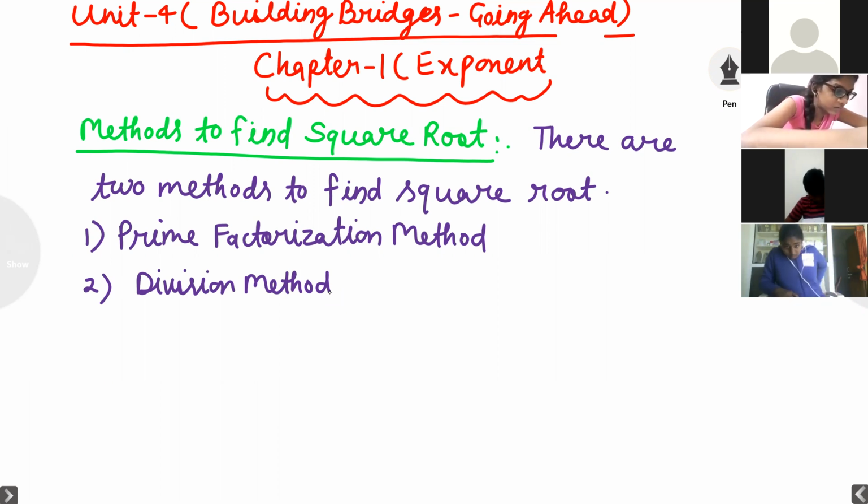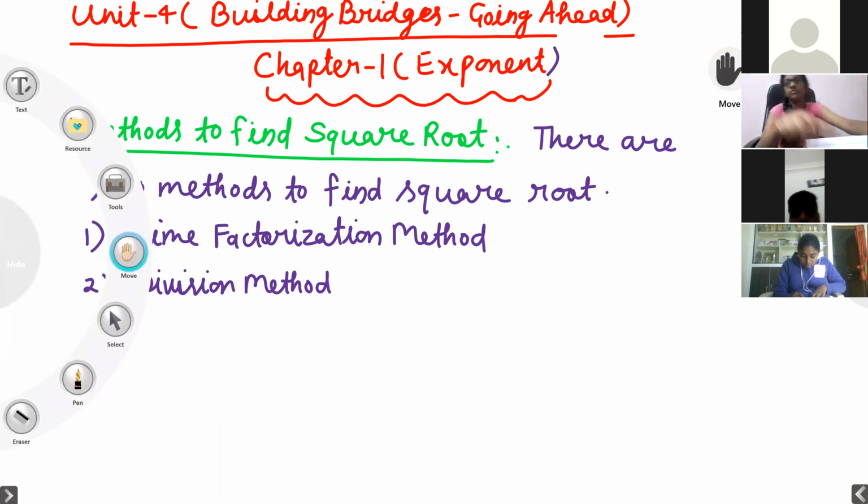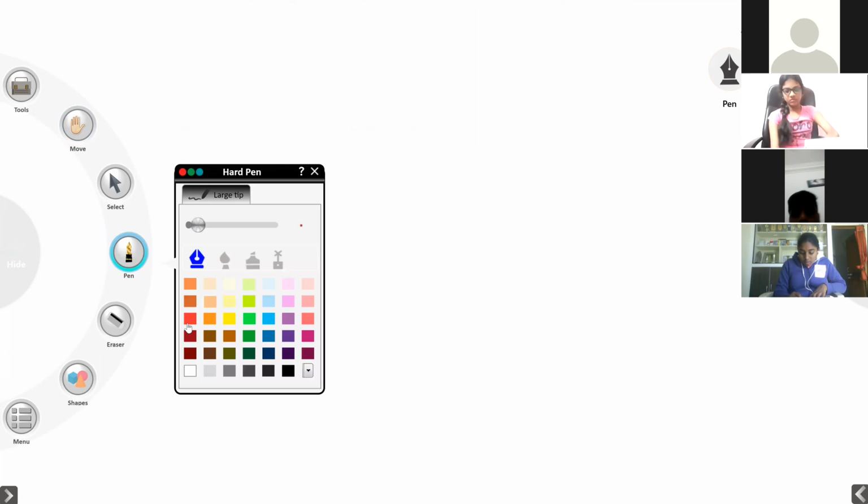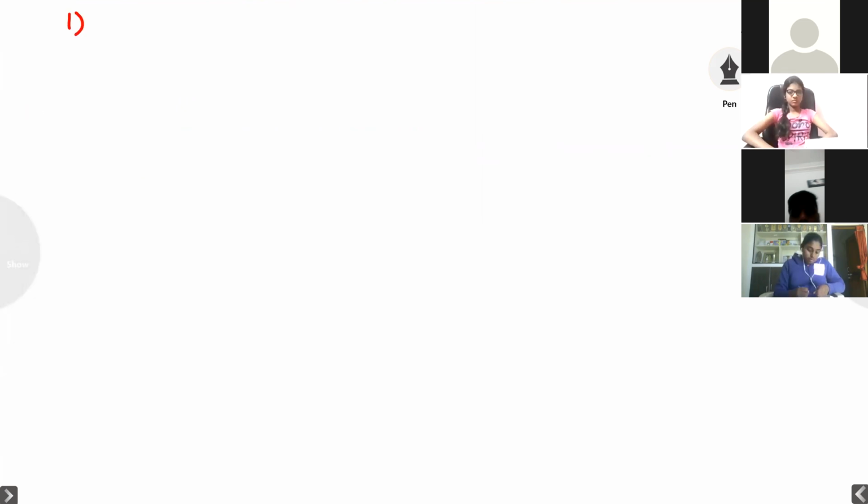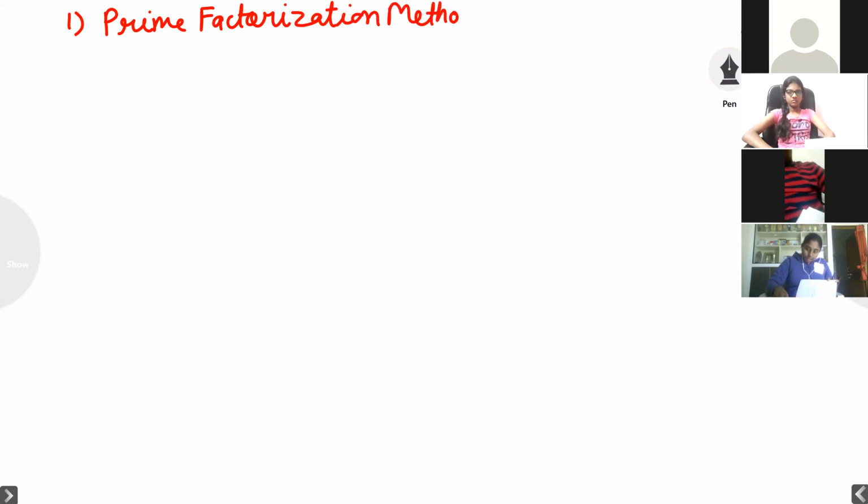Okay, first heading: prime factorization method.